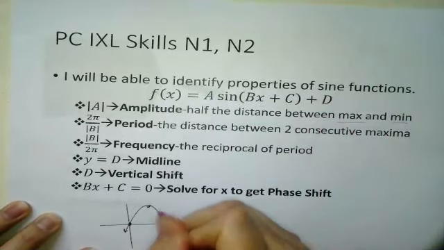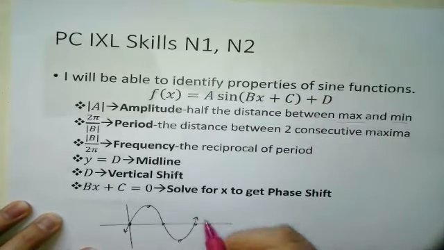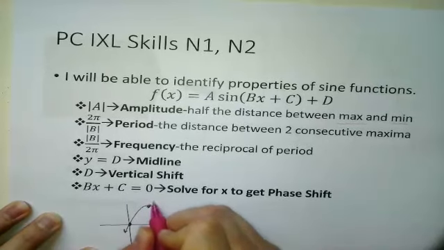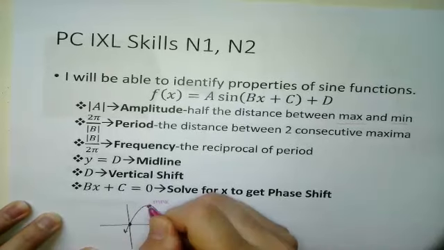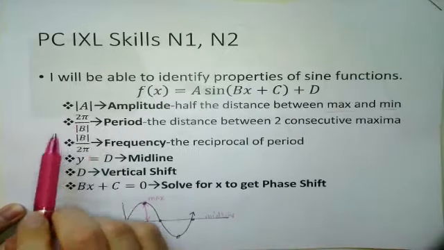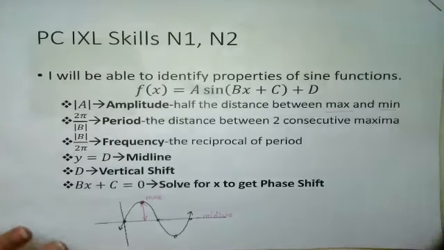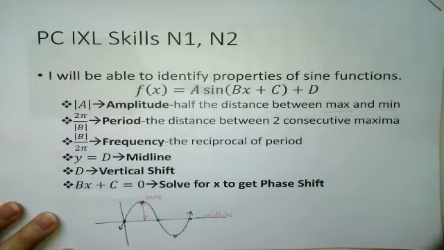The amplitude is the distance from what we might know as the midline to the maximum value. And so this distance represents the amplitude. And you can see that they have it as a positive value. Because of the absolute value bars, we always say amplitude is a positive value. And it's pretty easy to get.